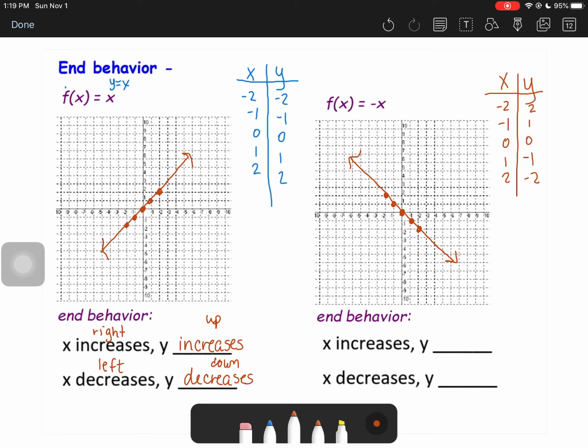In this case, as the x increases, going to the right, the y decreases. It's going down. When we go to the left, as the x decreases, we can see that the y is going up, so it's increasing.